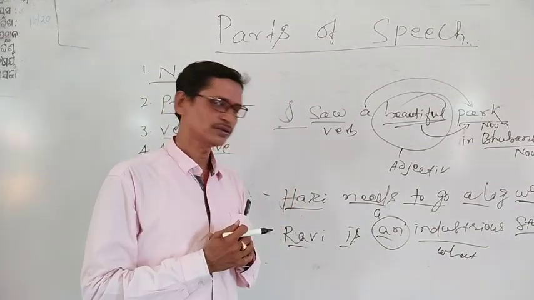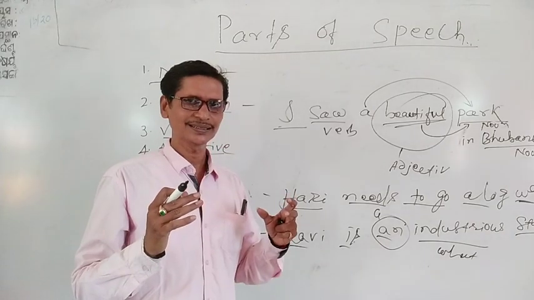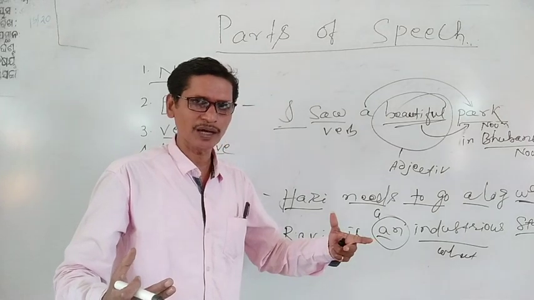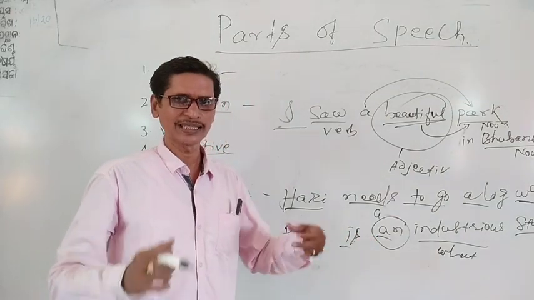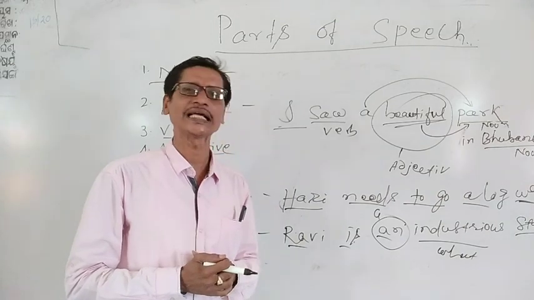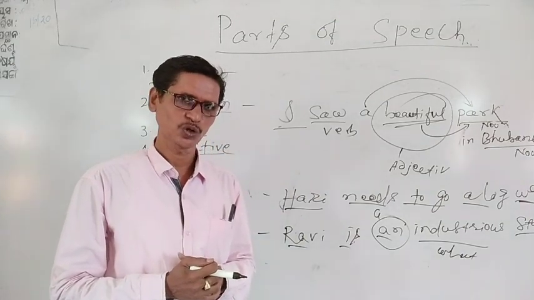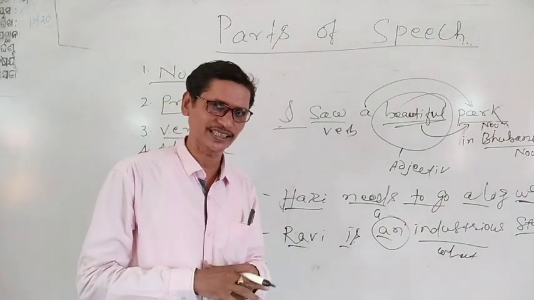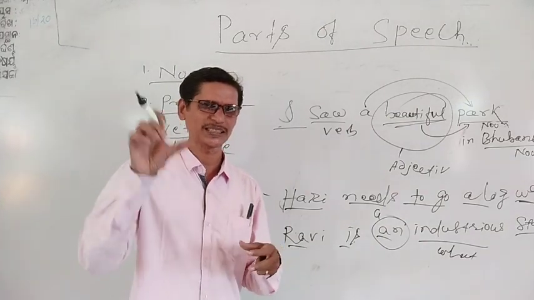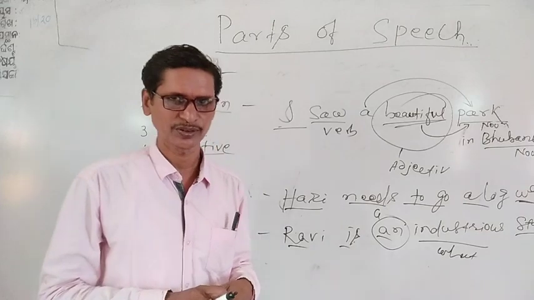As I have told, those words that give more information about the nouns in our sentence, or enhance the meaning of the nouns, are adjectives. We will discuss adjectives broadly in a specific class in subsequent classes.